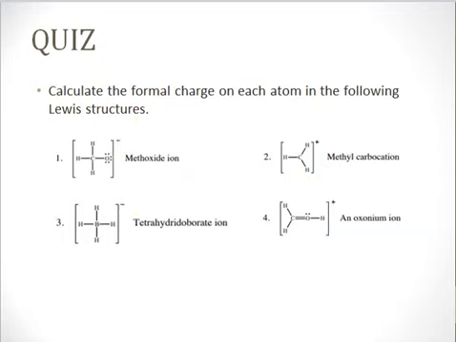So you have to calculate the formal charge for that methoxide, this methyl carbocation, right, and tetrahydroborate, and we have an oxonium ion here, right? So 2 are positive and 2 are negative. So these charges are written in square brackets because we don't know which atom has a charge. So you have to tell which of these atoms has the positive charge or which of these will have the negative charge.